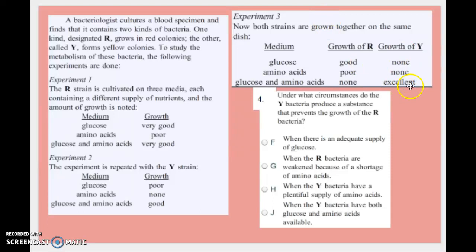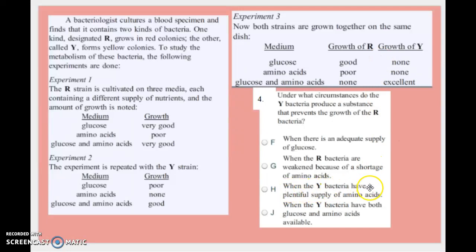If both of them are affected negatively, the Y is not producing something to reduce the R growth, because it would only reduce the R growth in order for it to use up stuff. Since it's not growing at all, that's not going to be a problem. When the R bacteria are weakened because of a shortage of amino acids, well, the glucose basically is a shortage of the amino acids, and we didn't see really much of anything going on.